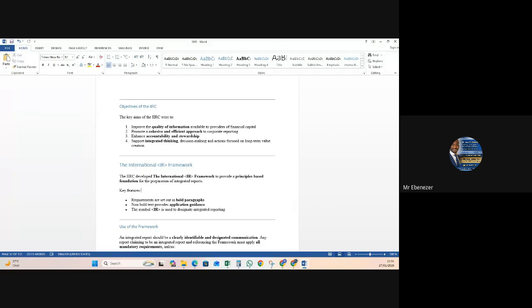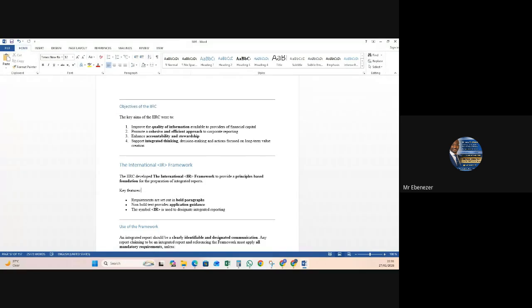So we have a basis, a principle basis, for the preparation of integrated reports. We are looking at requirements that are set out in bold paragraphs, and those that are not bold provide application guidelines.